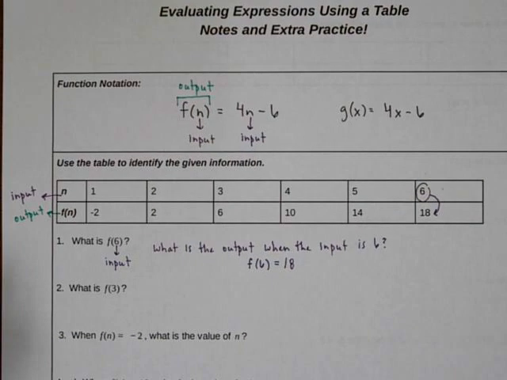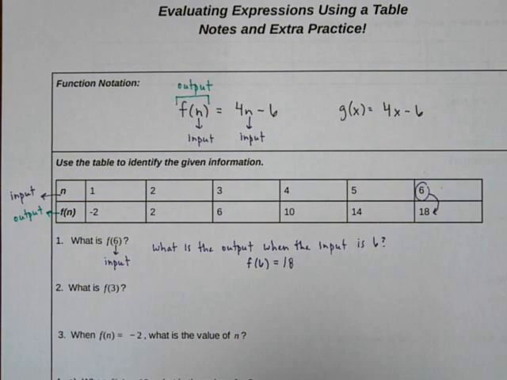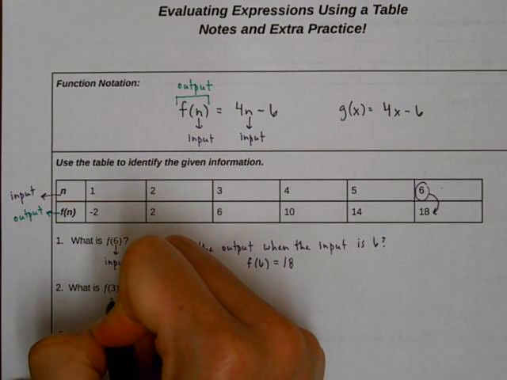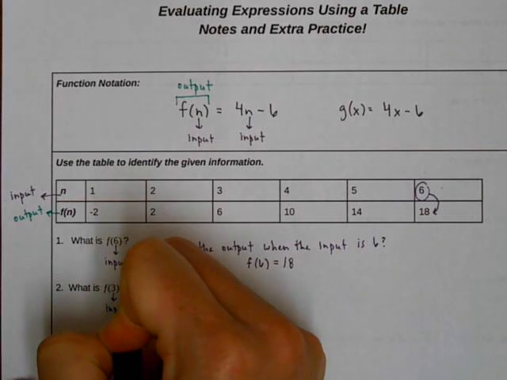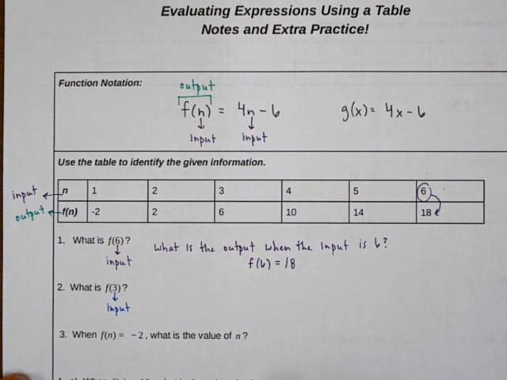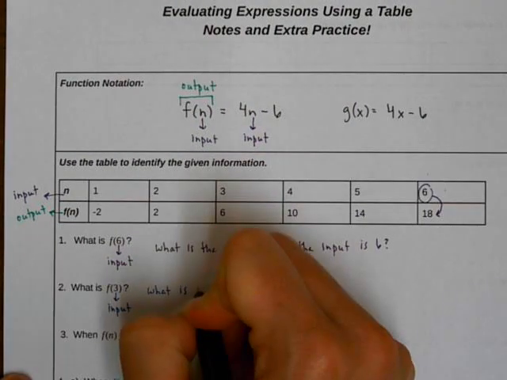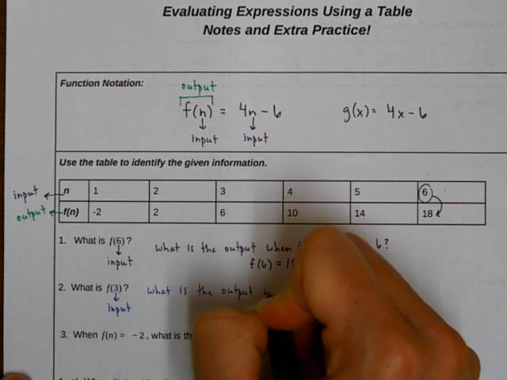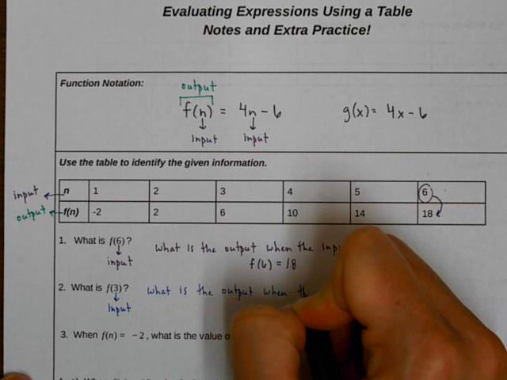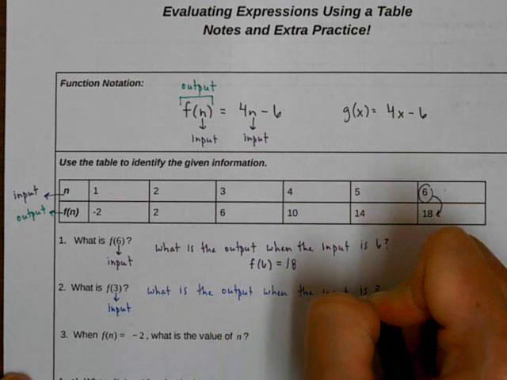Okay, for number 2, it's a very similar question again. Let's maybe do this one in a different color. So 3 here is going to be my input. So again, the question is, what is the output when the input is 3?